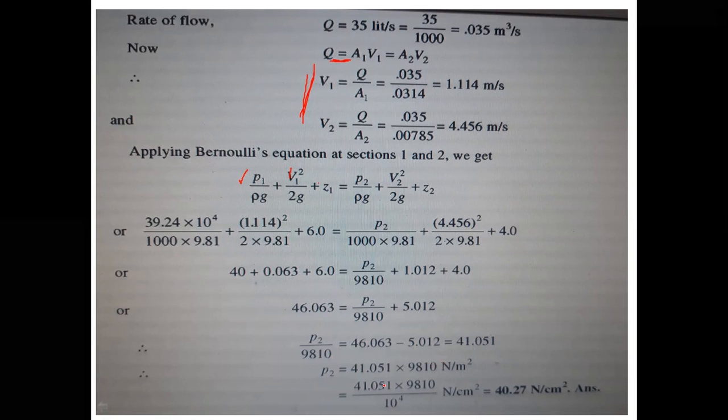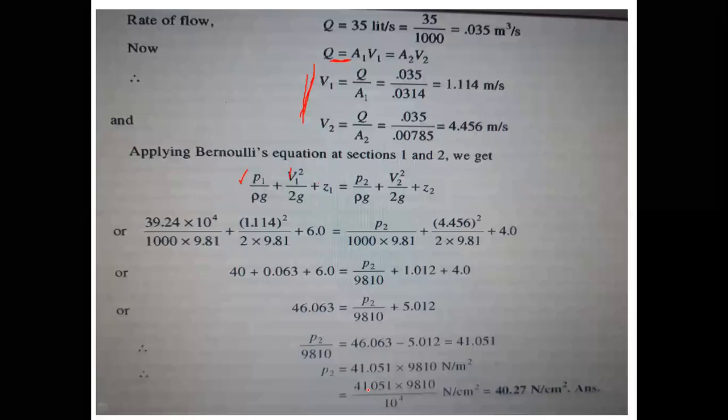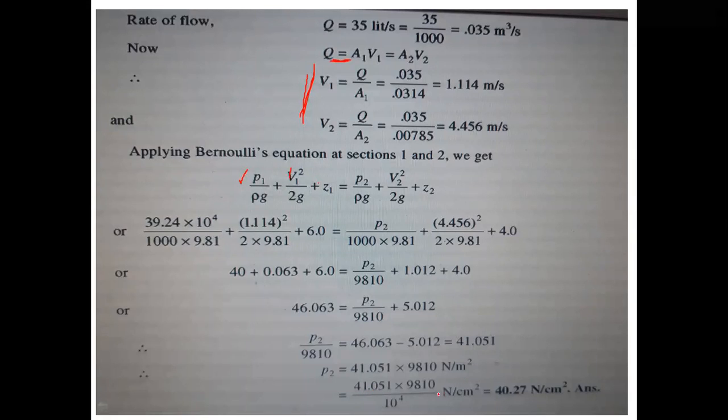Finally, convert to the power of 4, that is equals to 40.27. That is the answer.